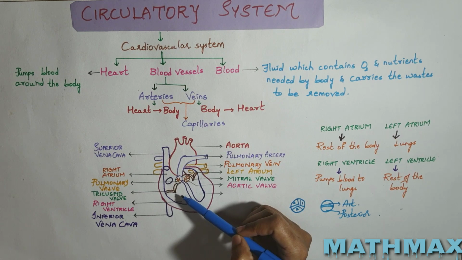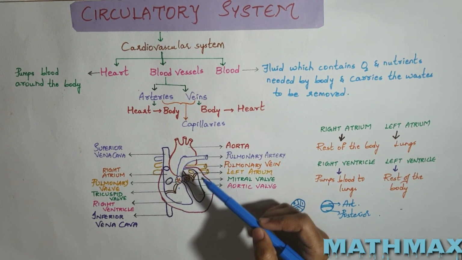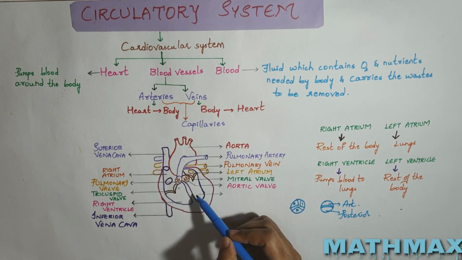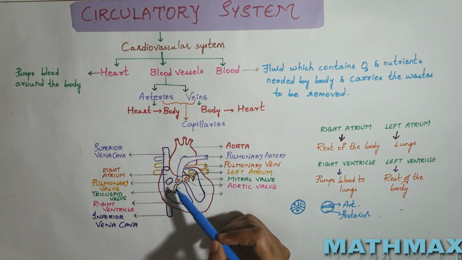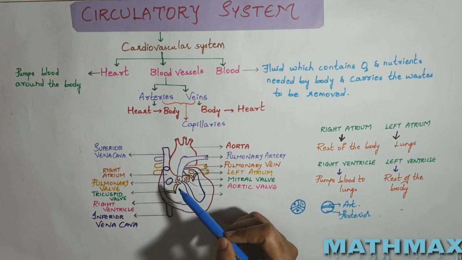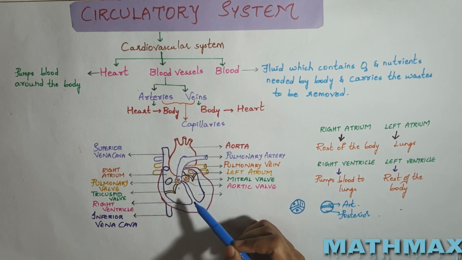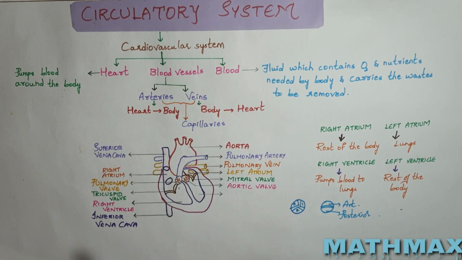From the right ventricle, the pulmonary artery arises. From the left ventricle, the aorta arises. The valve present in between the right ventricle and pulmonary artery is the pulmonary valve. The valve present in between the left ventricle and the aorta is the aortic valve.